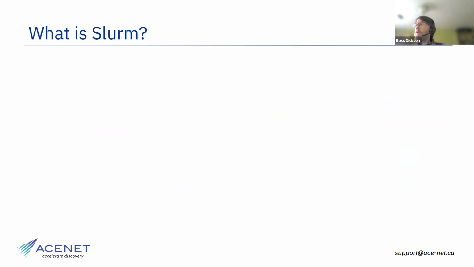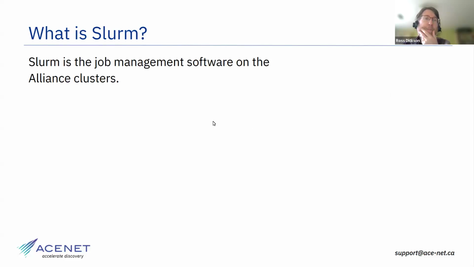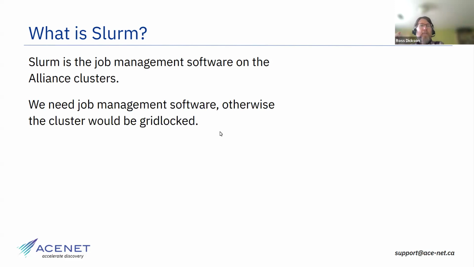I mentioned that the particular scheduler we're using is something called Slurm. It's actually a commercial product. It's now, I think, owned by NVIDIA, but that's a relatively new development. It doesn't really matter.